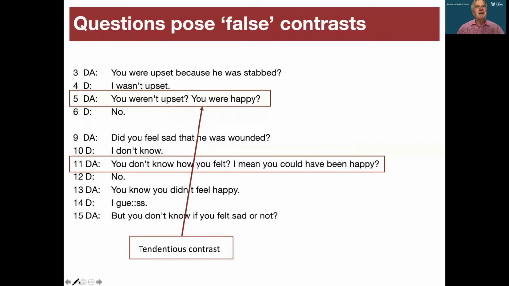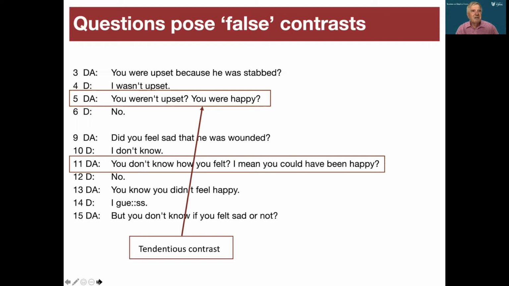Then further down, when he asks, did you feel sad that he was wounded? She, one might say, is a little bit evasive. I don't know, which is a claim not to quite remember how she felt. She's trying to avoid, of course, these kinds of negative emotions.